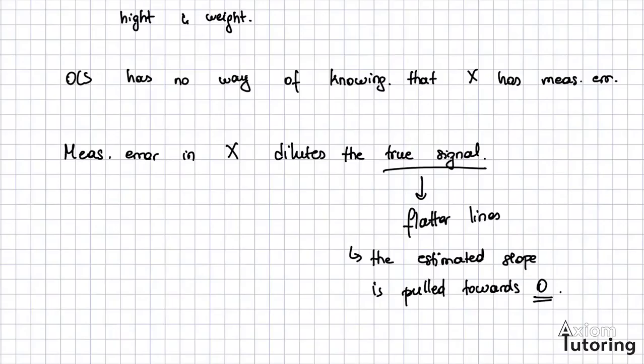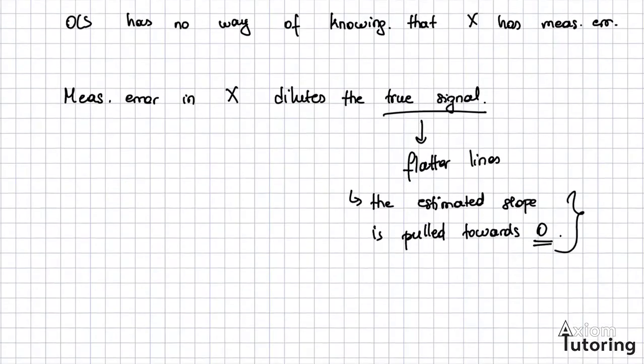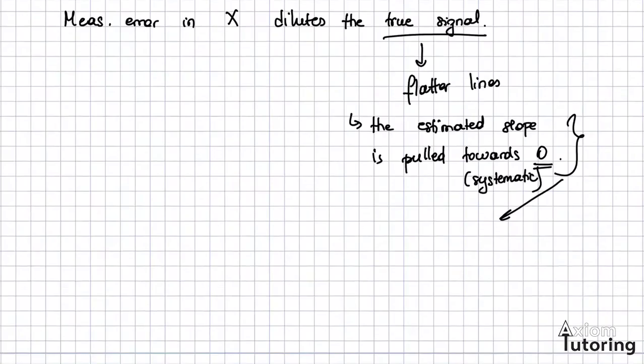This systematic pull towards 0 is what we call attenuation bias. We'll have the formal name and derivation in the next video, but hold this picture. Measurement error in X always shrinks the estimated effect.